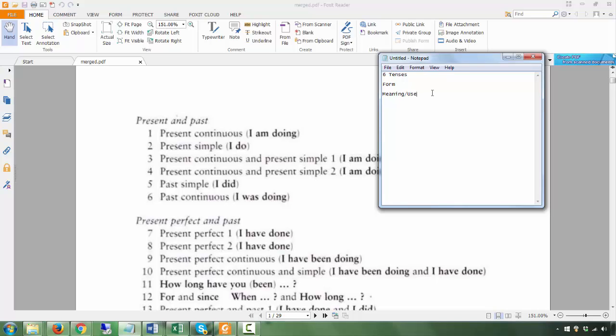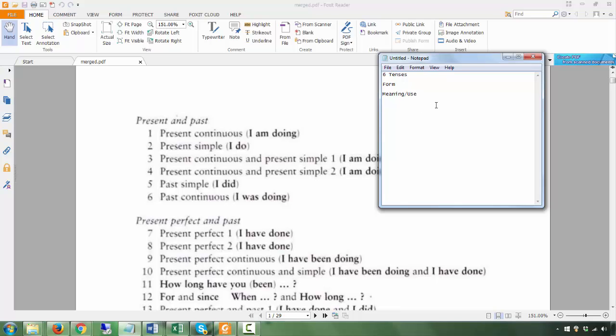Because they need to know why. For example, why do people use the present continuous tense? And are you using it correctly? Does the sentence that you want to write or speak require that particular tense? You have to understand the purpose of you saying something.